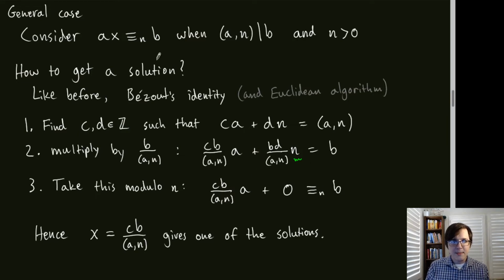And notice that means that we've solved this equation after commuting these two numbers, where cb over the GCD gives one of the solutions. Okay, so to get a solution, basically we need to find this number c, which there are lots of numbers that are possible, and any one will do, but we need to find this c, which satisfies this, and then calculate c times b over the GCD. And then that's one of the solutions.